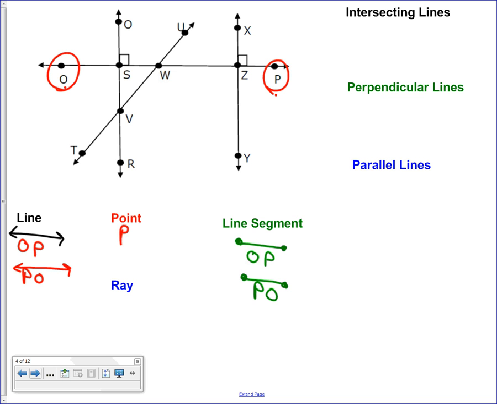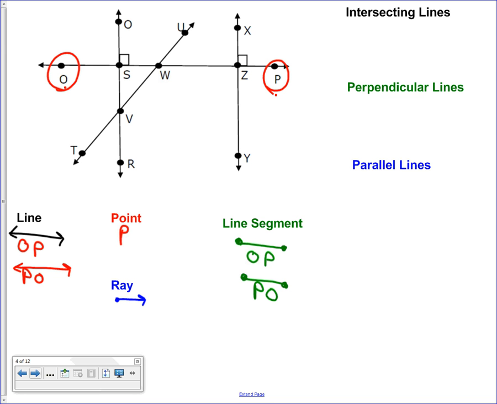The last thing on this little part are called rays. Now, you're thinking about like a ray of sunshine. The sun sends rays of sunshine from the sun down to the earth in a continuous line. Rays start with an endpoint and go on forever and ever and ever. And that's what a ray is.